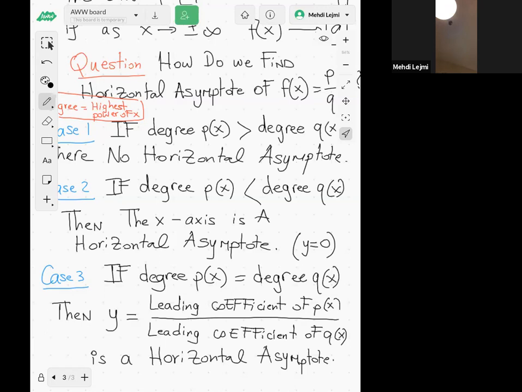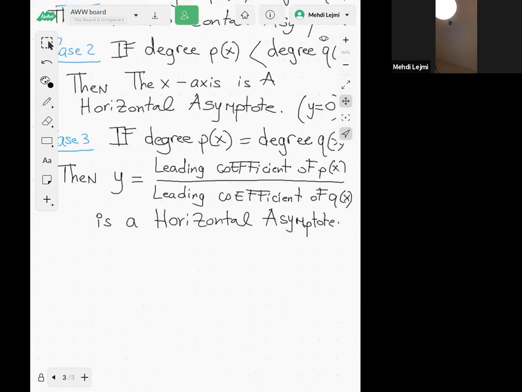If they have the same degree, then the horizontal asymptote is the leading coefficient of P over the leading coefficient of Q. All right, so that's how we find the horizontal asymptote, and that's the last piece of information you need to graph rational functions. We're going to need the vertical and horizontal asymptotes, and the x and y intercepts. Then I'm going to show you how to use all this information to graph your rational functions. All right, so now we can move on.